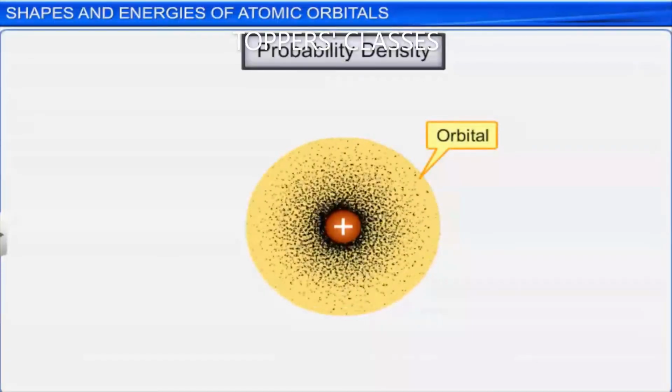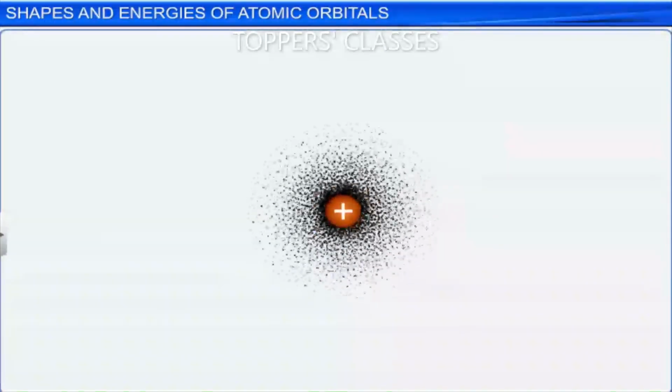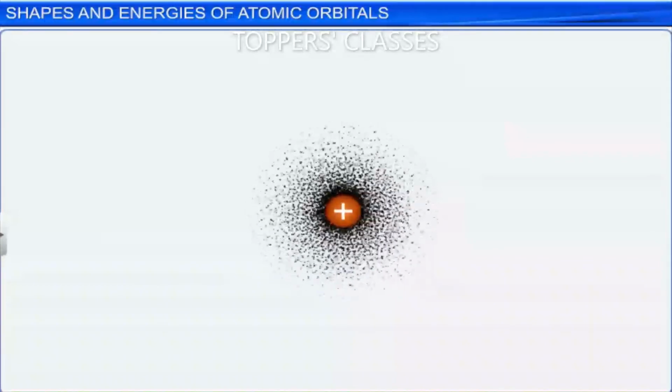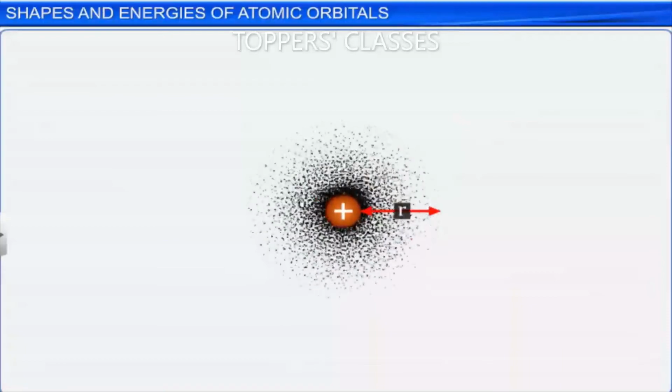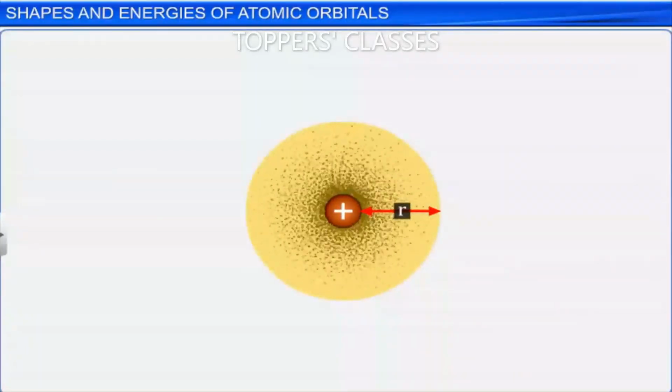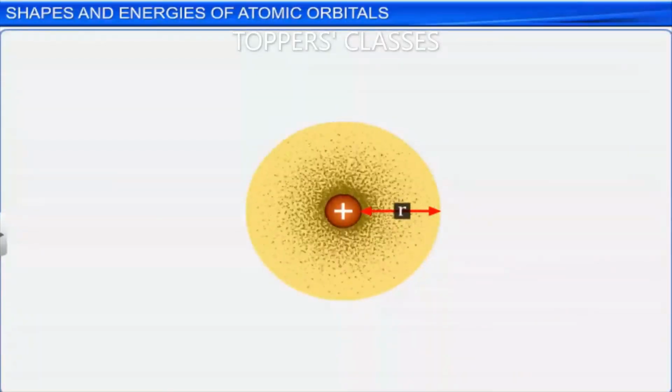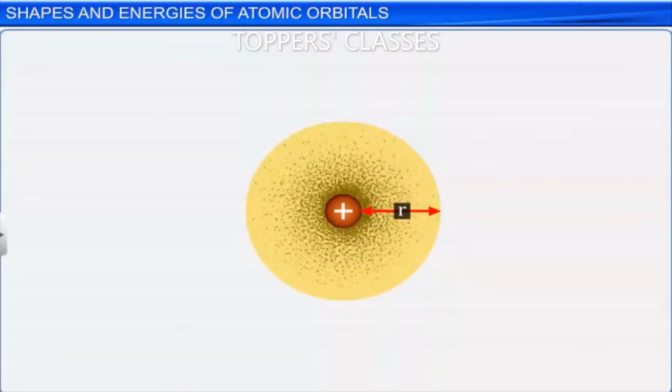The probability of finding an electron is a function of distance r from the nucleus. The probability of finding an electron at a distance from the nucleus is called radial probability distribution.